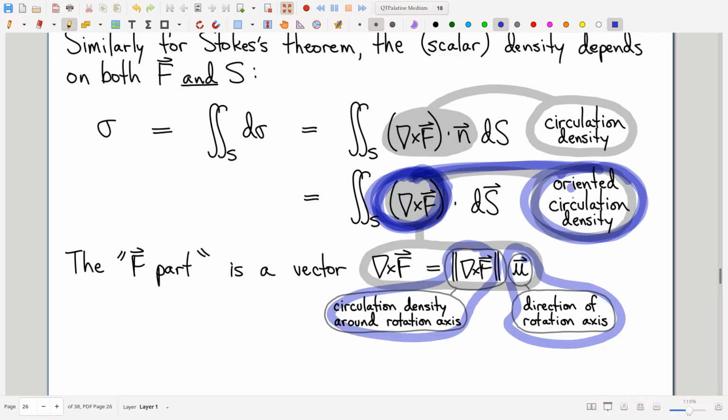And this point of view, calling it oriented circulation density, putting in the oriented term in this phrase, indicates that the direction of the curl vector is telling you, in some sense, in what direction that's happening.